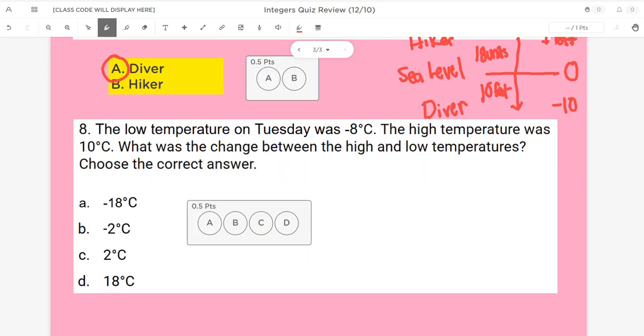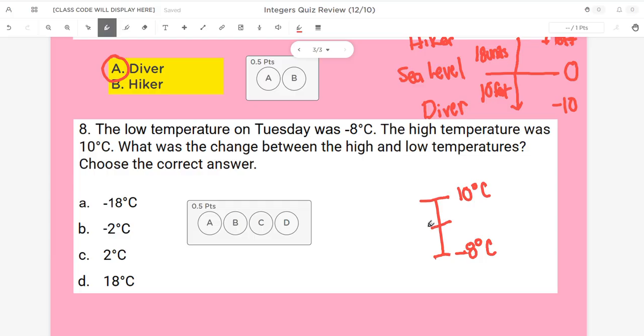The low temperature on Tuesday was -8 degrees Celsius. The high temperature was 10 degrees Celsius. What was the change between the high and low temperatures?